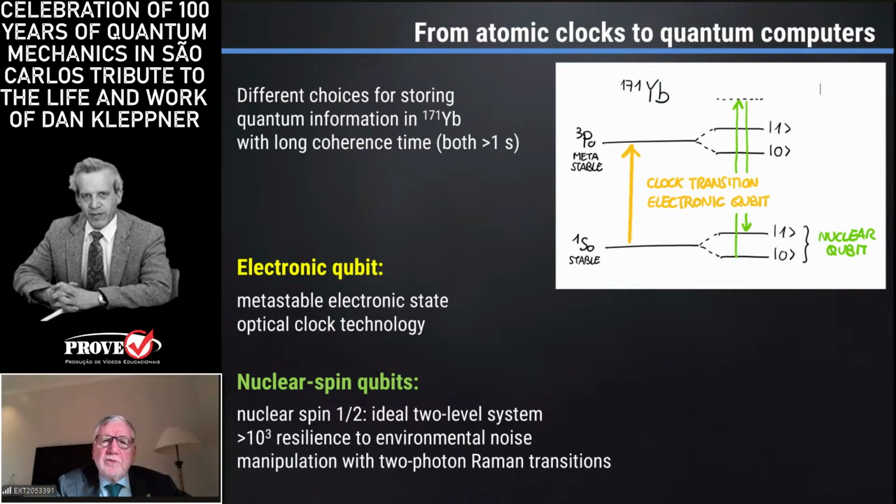We can use it to have an electronic qubit, which is the one that I marked with the orange line, the ideal two-level system that you see between 0 and 1. You can go up and down, up and down, up and down. And this is our qubit for our clock.